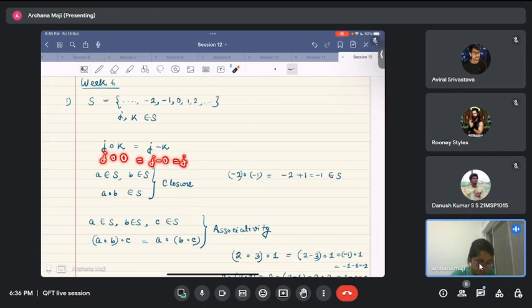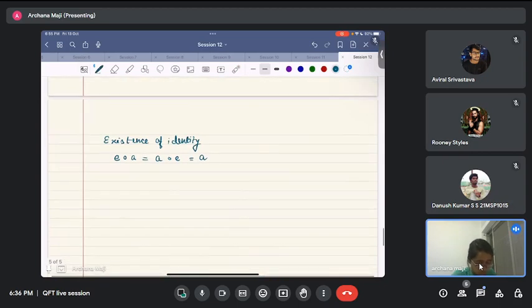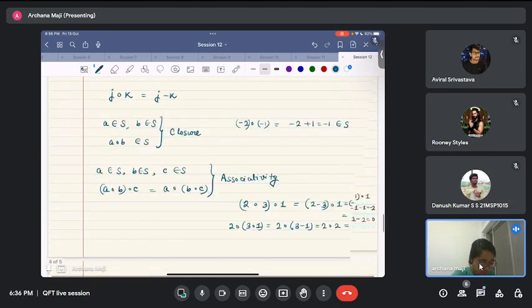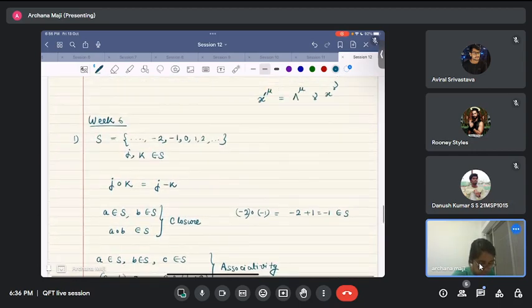But actually the other way around will not hold. If you take 0 and operate it with some integer k, that will give you 0 minus k, so 0 minus 2 is minus 2, and so this means 0 is not an identity. So you do not have an identity for this set S.